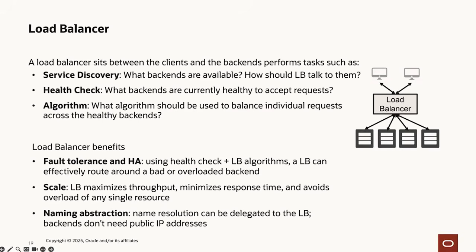Health checks. So this kind of goes hand in hand with the service discovery. The health checks are critical, and they're used by the load balancer to continuously monitor the availability of each backend server. So these checks are going to be configured for TCP or HTTP, depending on the server type, and they determine the health status of a server and automatically take unhealthy instances out of rotation to prevent them from receiving traffic.